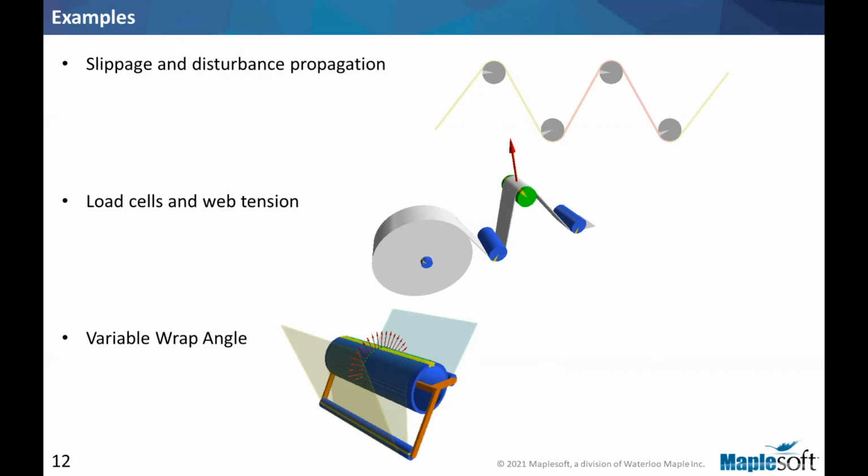We're going to look at a disturbance propagation model where we have a slippage, and that slippage allows the downstream error in speed to travel upstream. Then we'll see how we can minimize that. Obviously, this is a hypothetical example and there might be other ways to fix this problem, but here as an exercise, we're going to go through that and see some of the features of the tool.